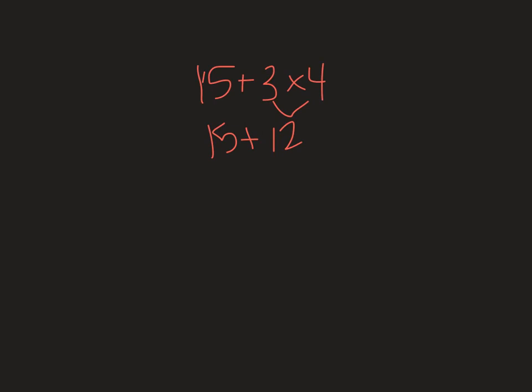It would have been to work from left to right, but we remember multiplication is more important than addition, and so we're going to do that first, and then we're going to get 27 for our answer once we have evaluated or simplified the expression. Remember, expression is just another word for an equation that doesn't have an equal sign. Equations would have an equal sign, expressions do not.